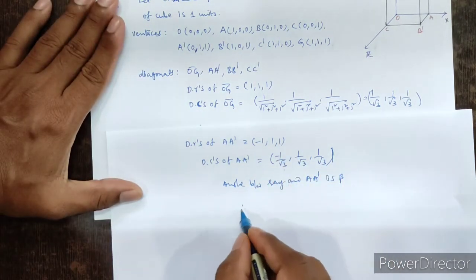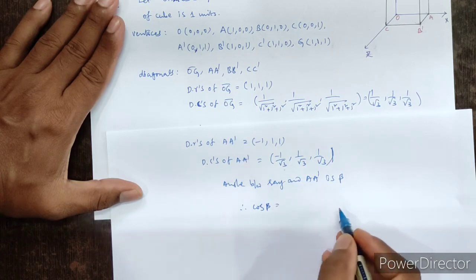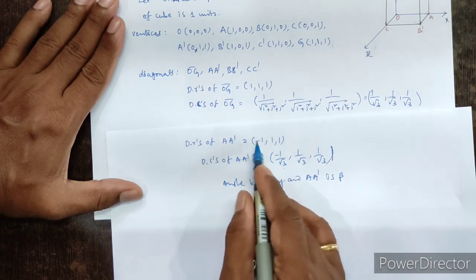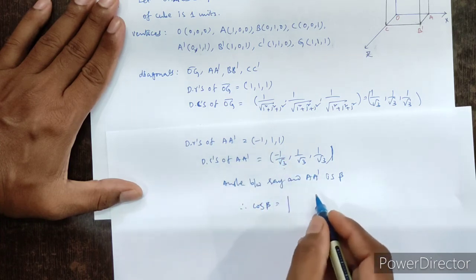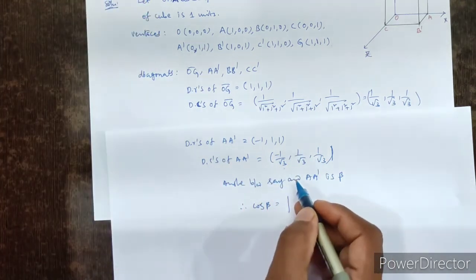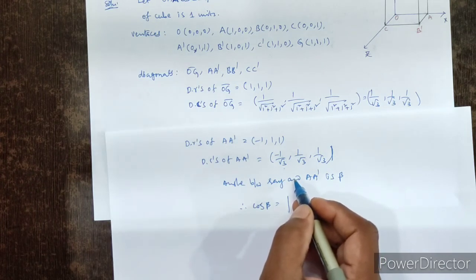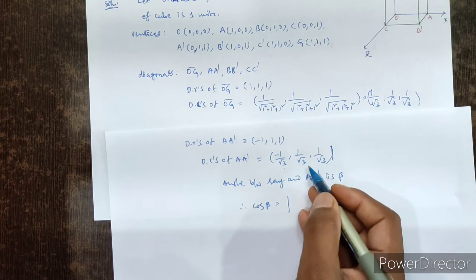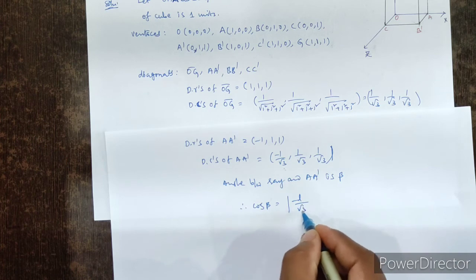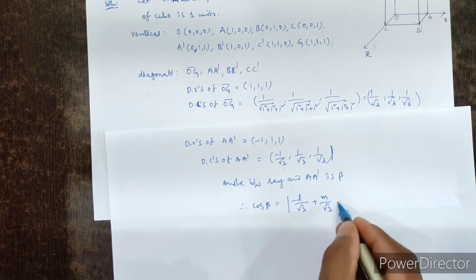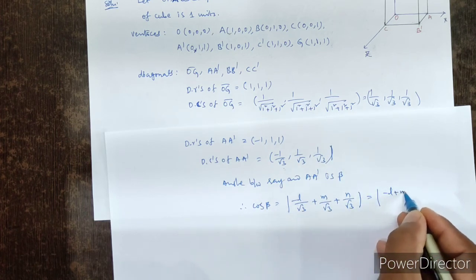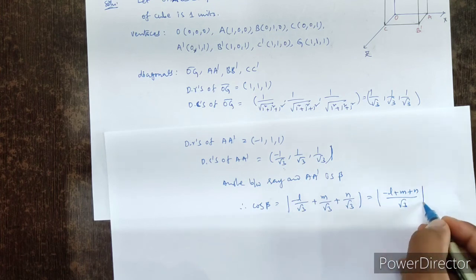So therefore cos beta equal to minus L by root 3 plus M by root 3 plus N by root 3, that is nothing but minus L plus M plus N by root 3. This is cos beta.